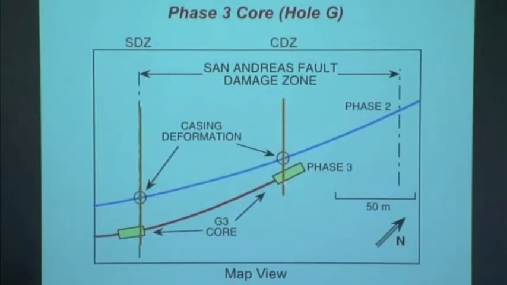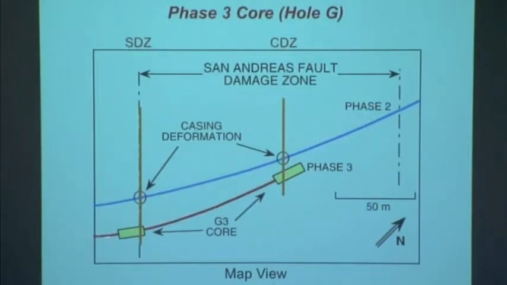There were two places where casing deformation was observed in the casing of the phase 2 hole, here and here, that showed where the fault was actively creeping. And this zone in orange is referred to as a central deforming zone, and this is a southwest deforming zone, or CDZ and SDZ. So then 2 years later, the coring operation was done.